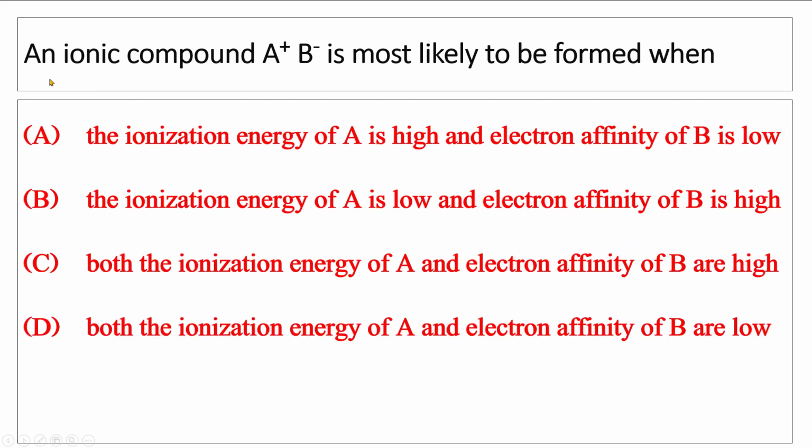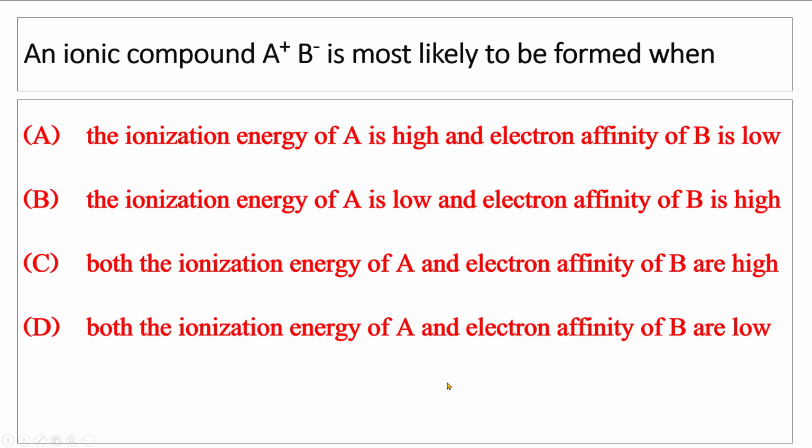An ionic compound of A cation, B anion is most likely to be formed when the ionization energy of A is high and electron affinity of B is low; the ionization energy of A is low and electron affinity of B is high; both the ionization energy of A and electron affinity of B are high; both the ionization energy of A and electron affinity of B are low.